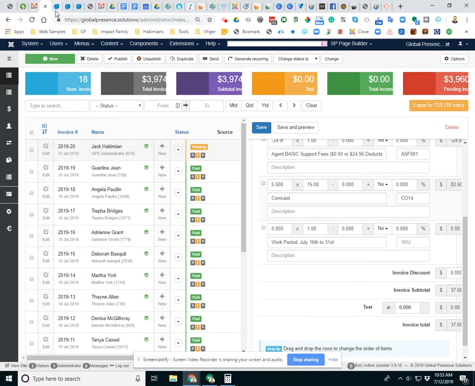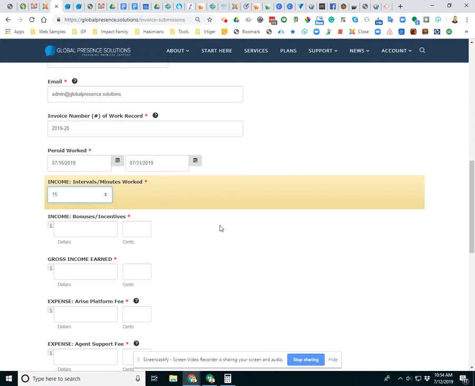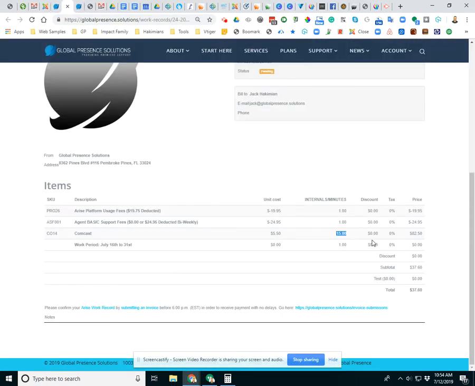And I'm putting it right here, 15. Now, if it says like 15.4, 15.30, just round it off to the nearest number. Okay, it doesn't matter because over here in the invoice and the work record we have the exact minutes. It'll be like 15.4 or whatever.